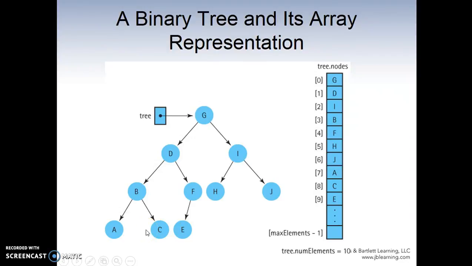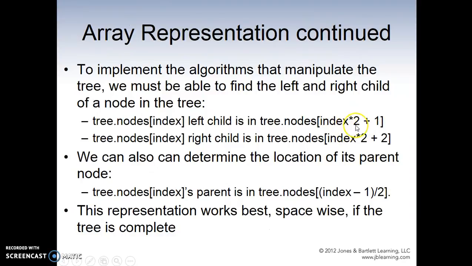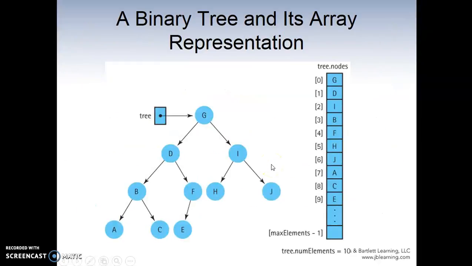So when you use an array, in order to access the child, you have to use this: index times 2 plus 1 for the left child, index times 2 plus 2 for the right child. The same applies if I want to know who's the parent. I can just say index minus 1, divided by 2. It's the same principle, just simple math. For example, who is the parent of I?